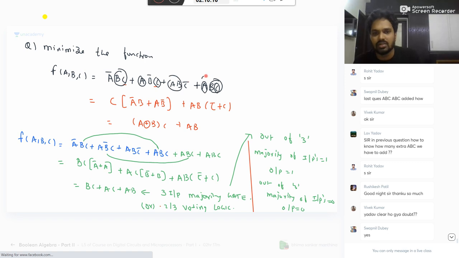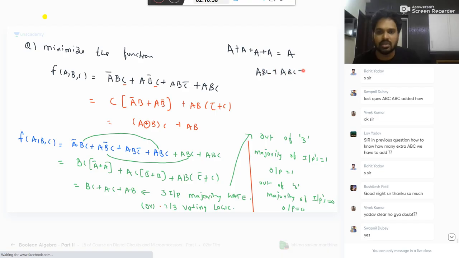Here AB is common with this AB. Because of this, I need two more ABCs to take common between all. And another thing, A plus A plus A plus A, n number of A's will give you A only. That's why ABC plus ABC plus ABC is equal to ABC.